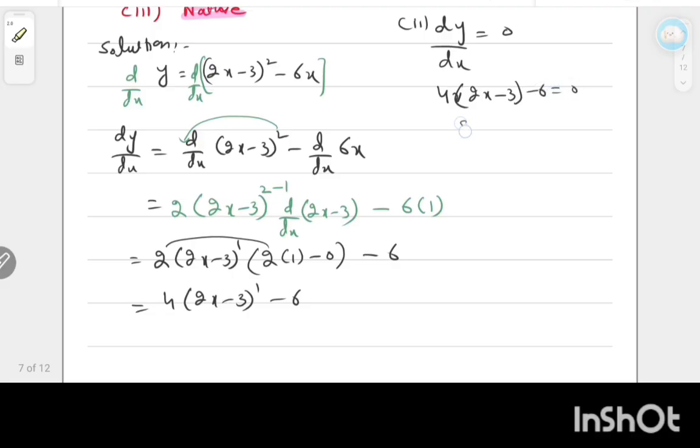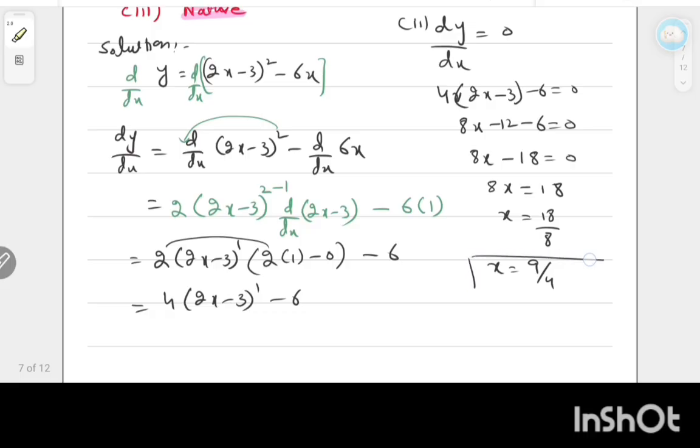So 4 times 2x is 8x, 4 times 3 is 12, minus 6 equal to 0. 8x minus 12 minus 6 gives minus 18 equal to 0. So 8x equals 18, and x equals 18 by 8, so 9 by 4. Okay, so we got this answer.